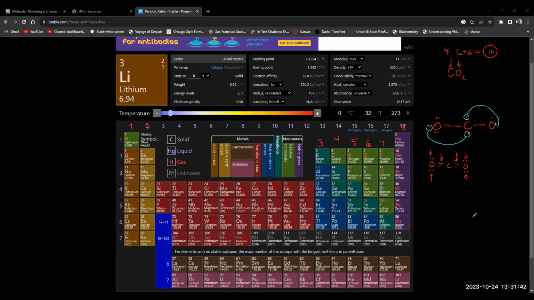Each atom has 8 around it. Everyone's happy. And everything works. Questions about this one? Anything confusing about CO2?